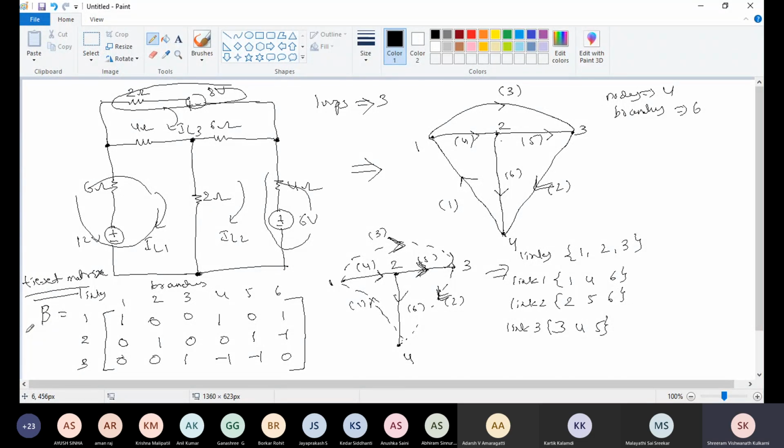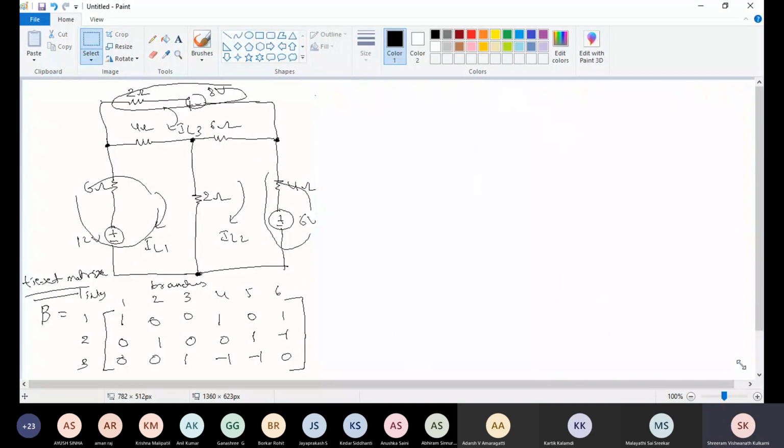Now, what they told: the KVL equation in matrix form. We have to write the network equilibrium equation in matrix form using KVL.